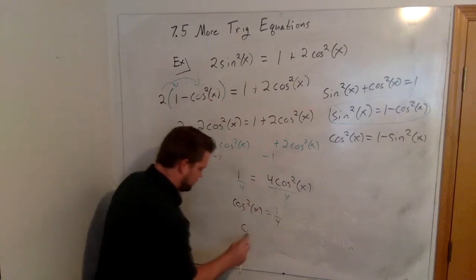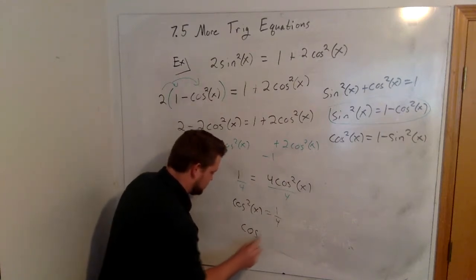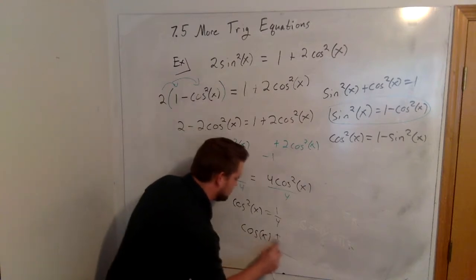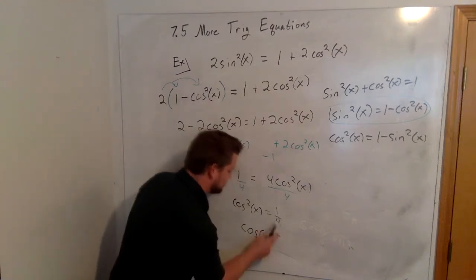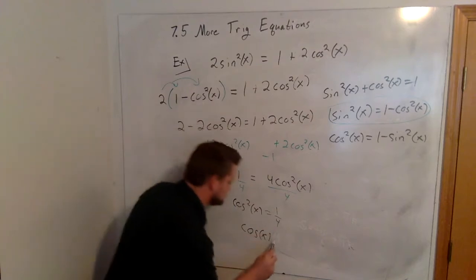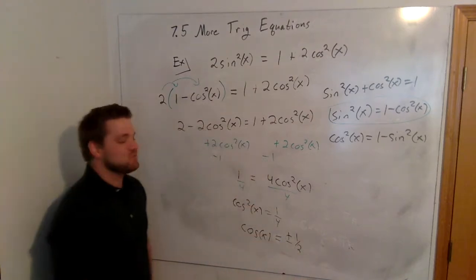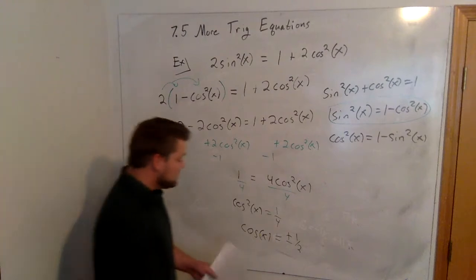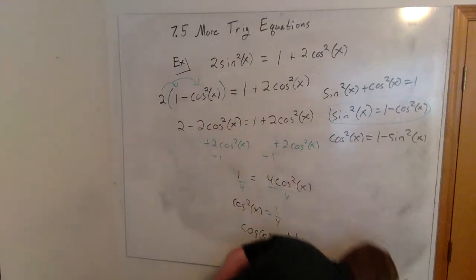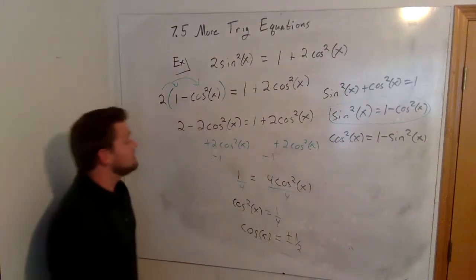Or if we square root both sides, we'll get that cosine of x will be equal to plus or minus 1/2. Okay. So we've broken this equation down now into 2 basic trig equations that we can solve.